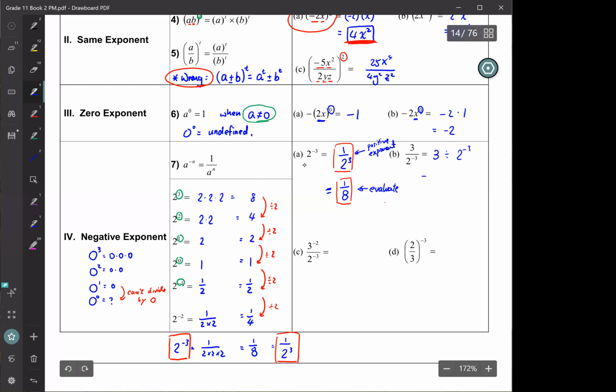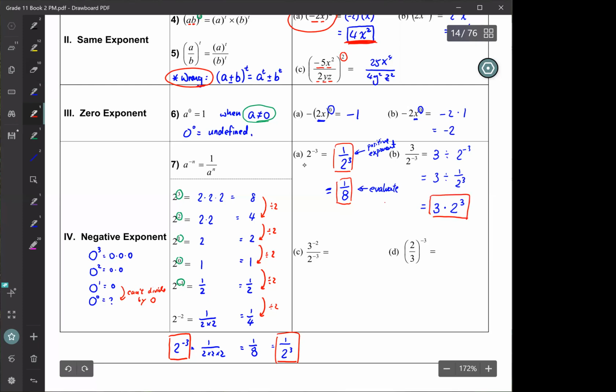From question A, we know 2 to the negative 3 is the same as 1 over 2 to the 3. When you divide by a fraction, you need to flip. So it becomes 3 times 2 to the 3. It is like taking the denominator and making it fly up and join the numerator.